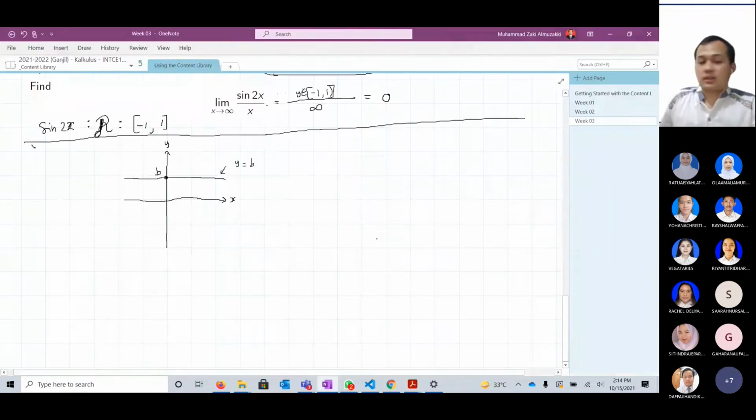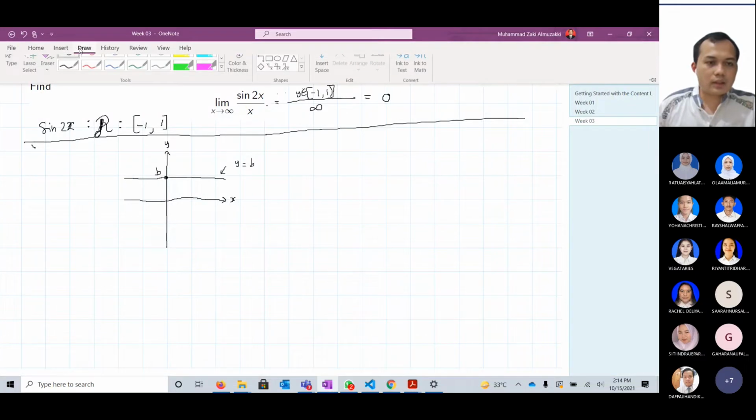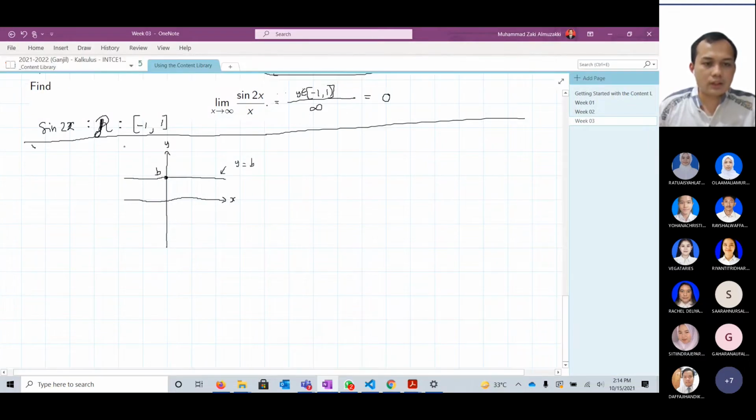So in this picture, for example, if we have this kind of plot, the blue line, it should be something that goes to y equals to b but never crosses b. In this case, the blue line has a horizontal asymptote which is y equals to b, because when x goes to positive infinity, the limit of the blue line is b.